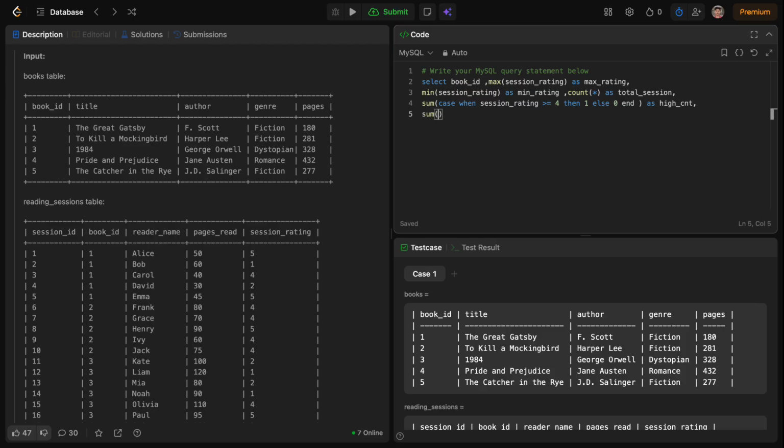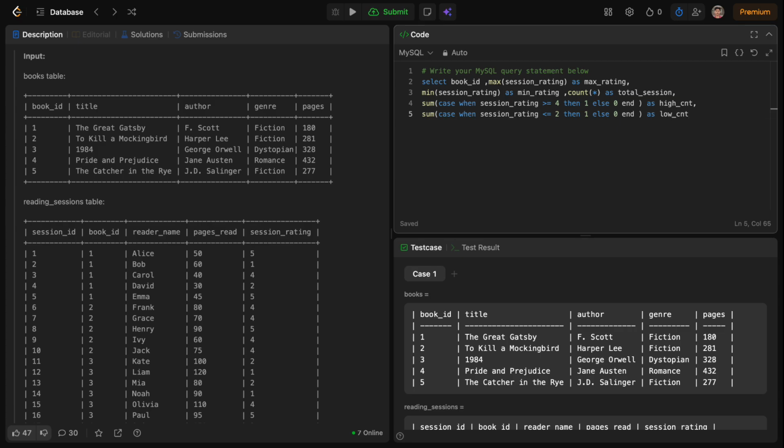And the same for the minimum count: case when session rating is less than or equal to 2, then 1 else 0, as lowest count.